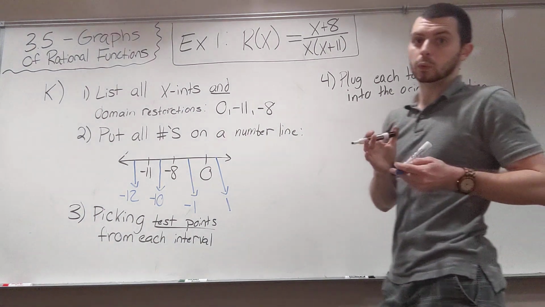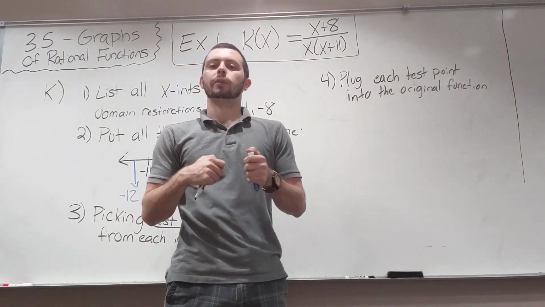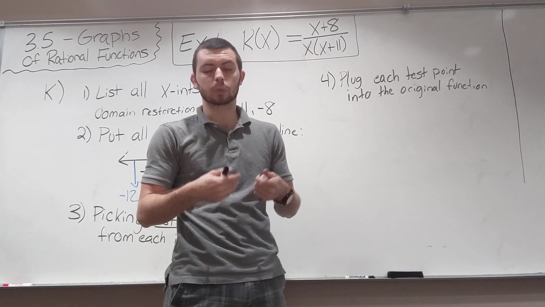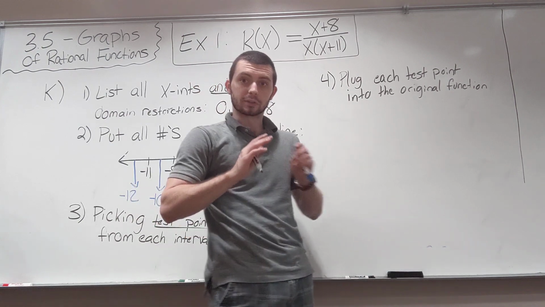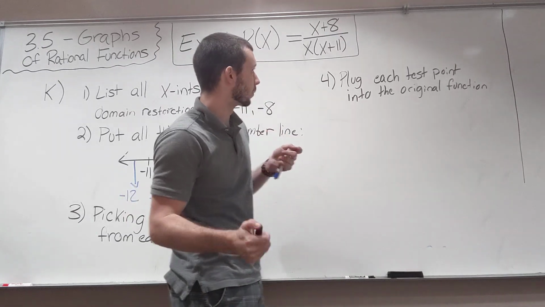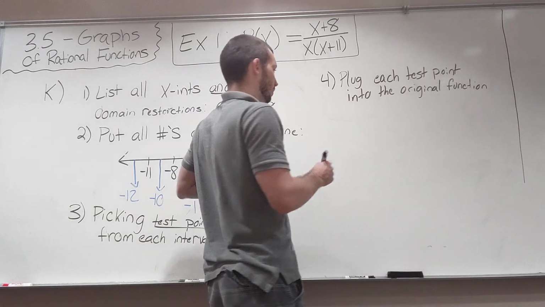And what we want to do, once we do this, is determine whether the output is a negative number or a positive number. We don't care about the number itself, we just care about whether the number is positive or negative, and I'll show you what I mean.